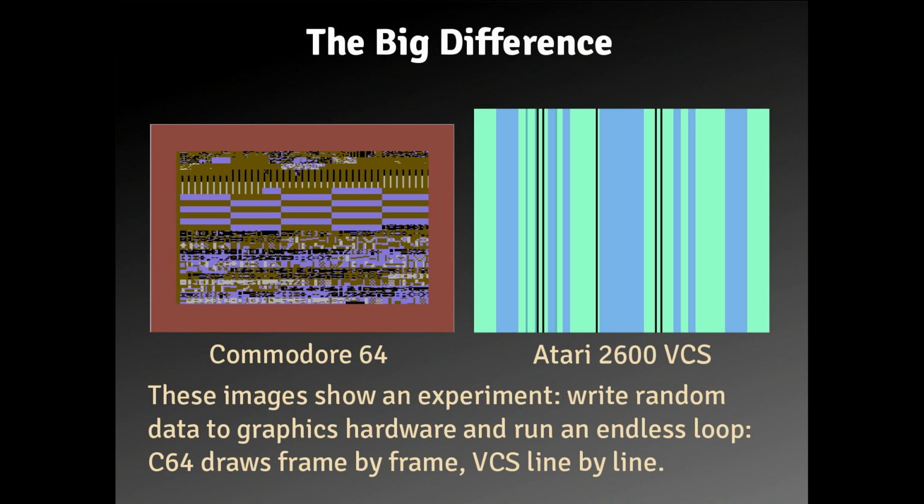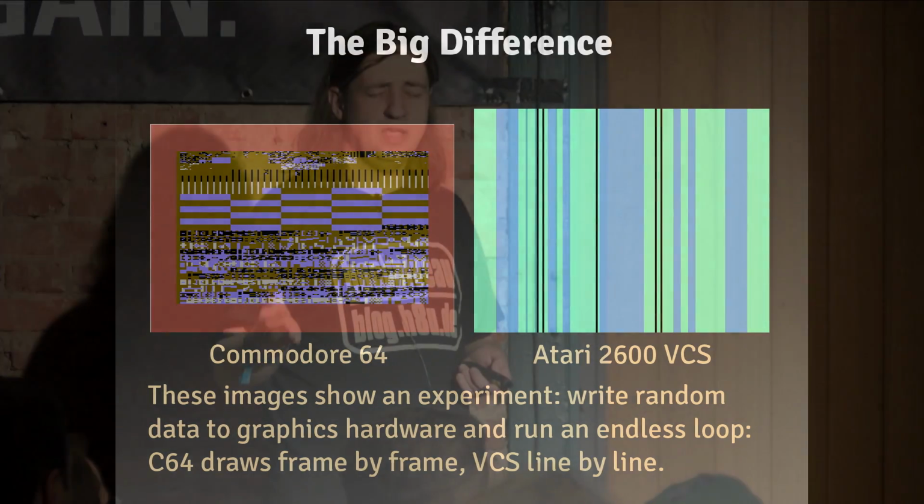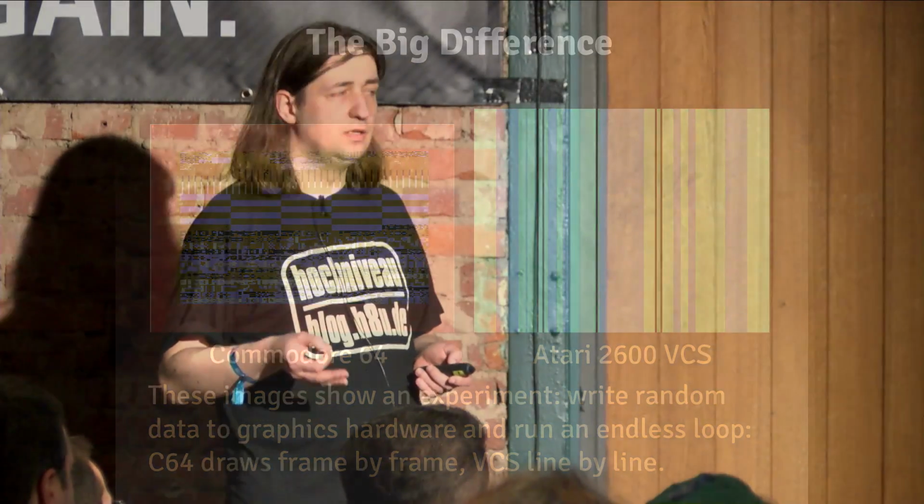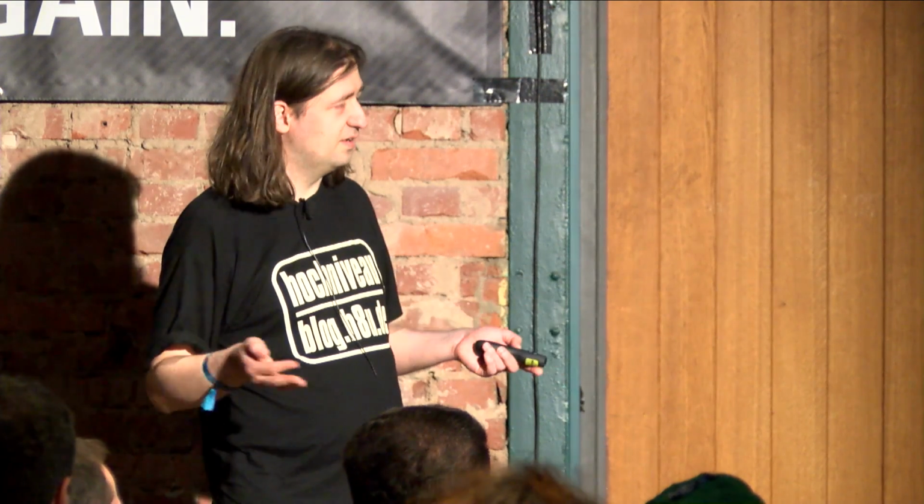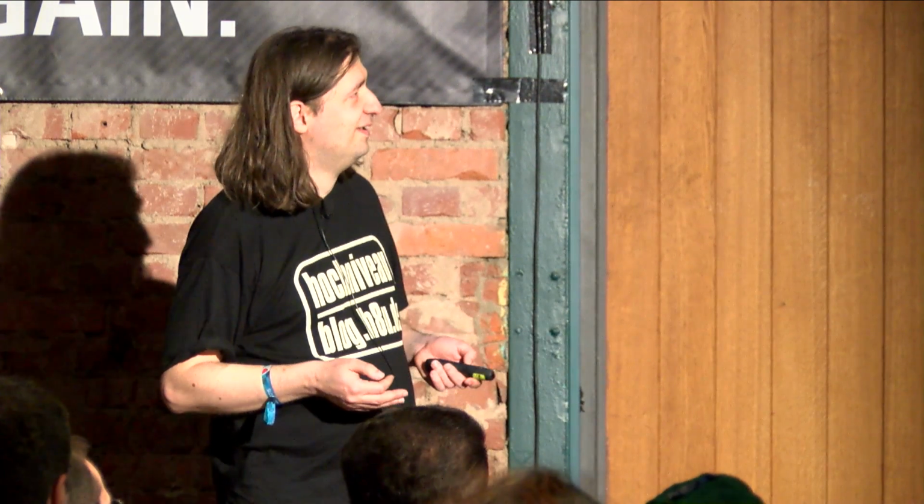This means each line gets drawn like the last line until I change the registers of the graphics chip. So this is something that's done very differently from every other system I encountered so far. And if you want to know why this is, also visit my talk on Sunday.